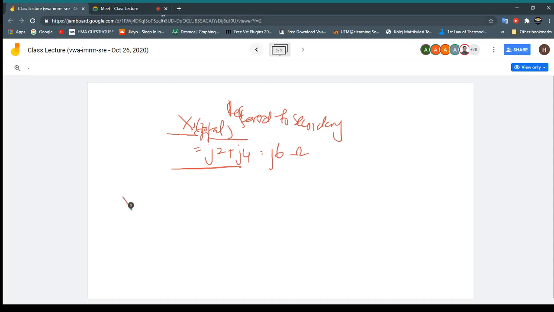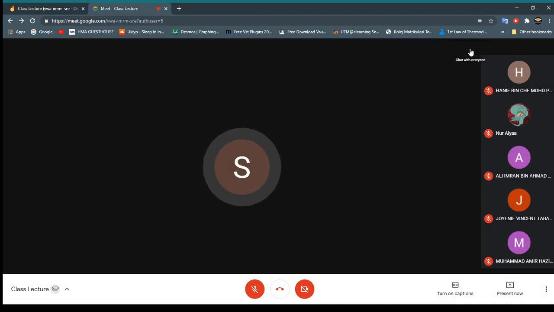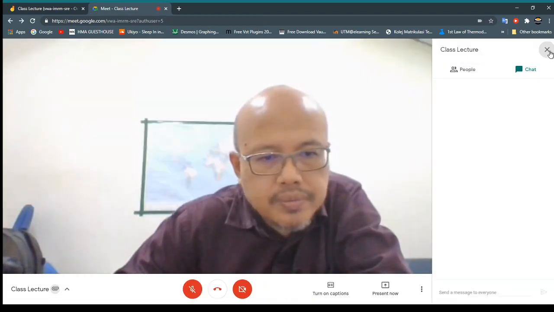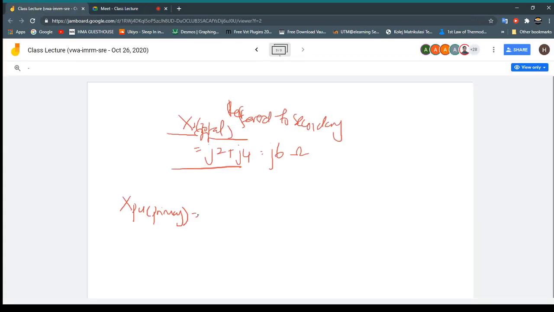X per unit, let's say primary, equal to, so what is the actual value? j1.5, right? Referred to the primary, j1.5 divided by X base, right? So what's X base at the primary?